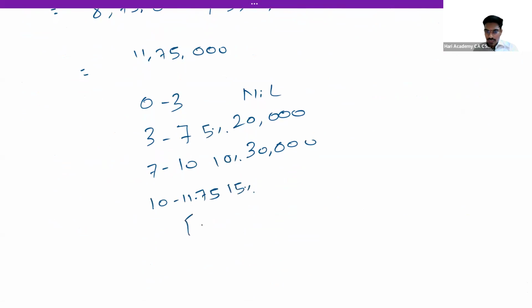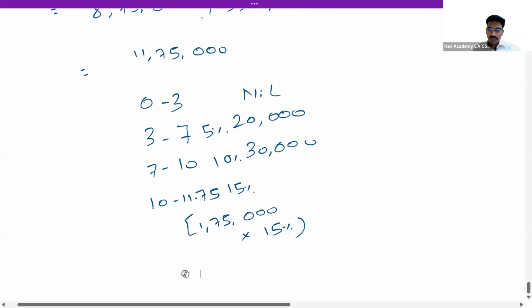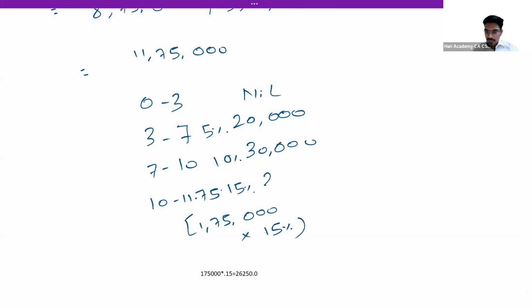So for this 1,75,000, I have to find it at 15%. Let me just put that in: 1,75,000 into 0.15 equals 26,250.